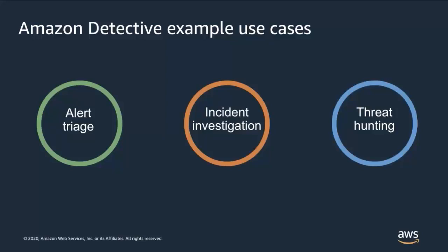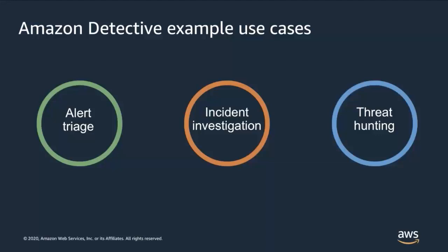The first is triaging. This could be trying to understand a signal you have, such as a finding from a system like GuardDuty, one of our detective services, or one of your partner or custom service alerts.